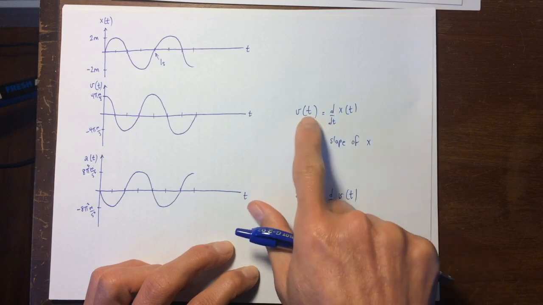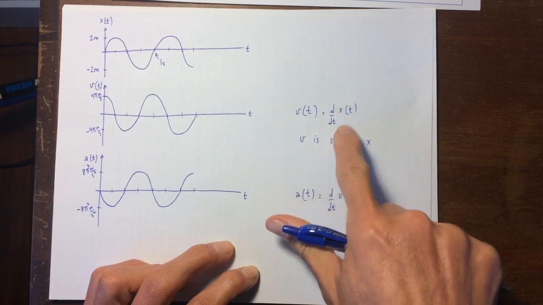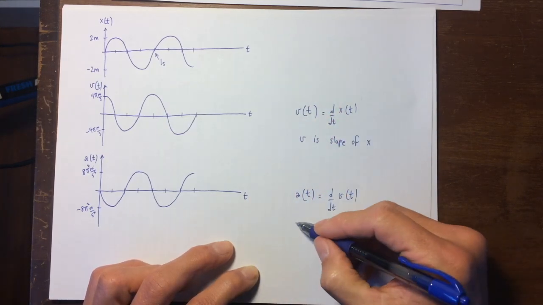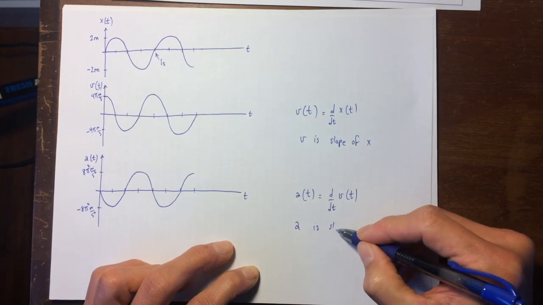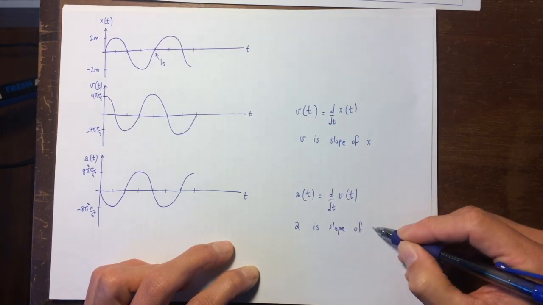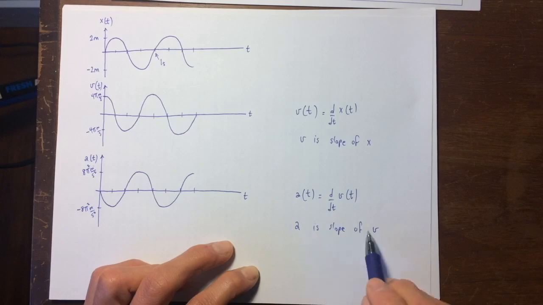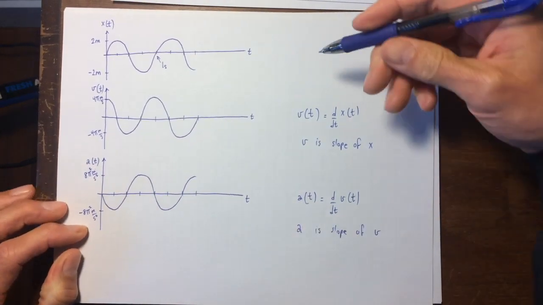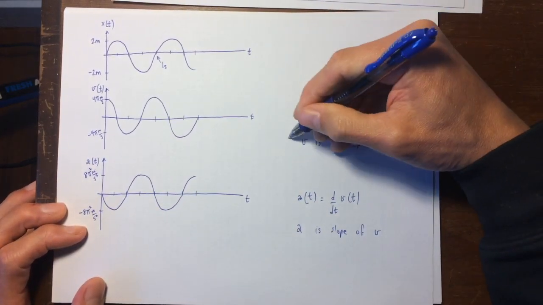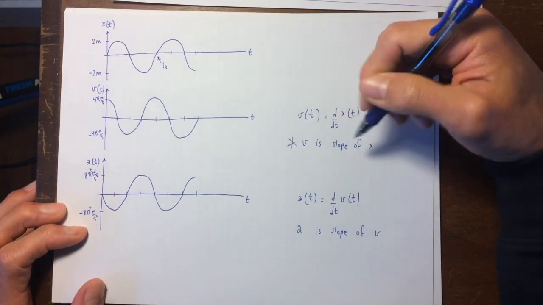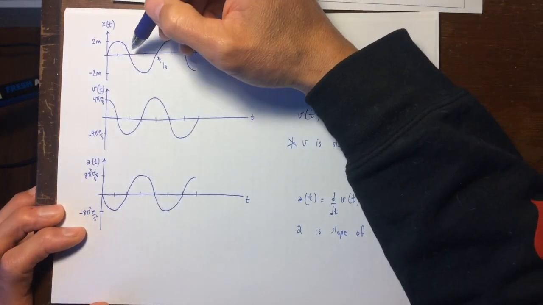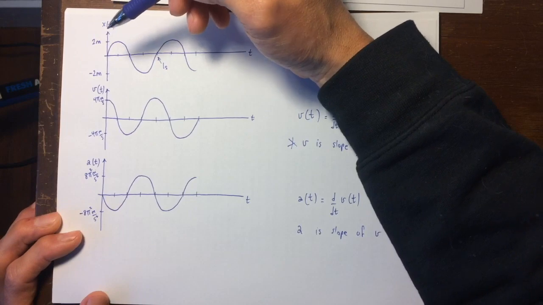So v is the slope of that function x. A is the slope of v, right? So a is the slope of the velocity. So let's check this. Let's check, is v the slope of x? So check this out.